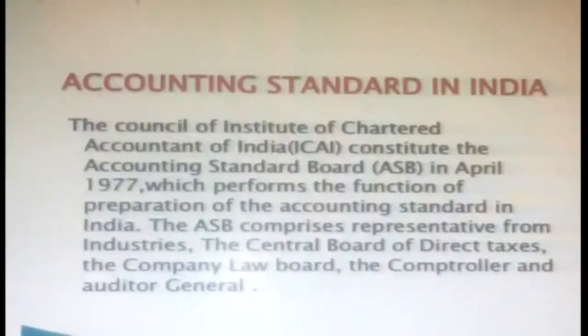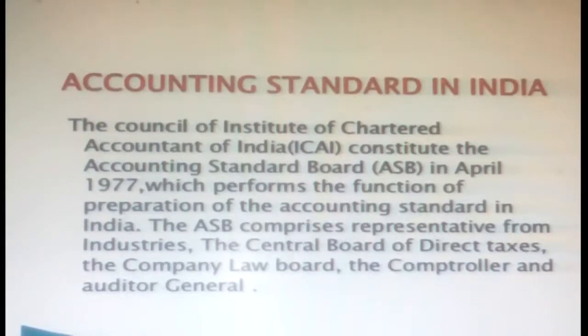So for accounting standards in India, the Council of the Institute of Chartered Accountants of India, that is ICAI, constituted the Accounting Standards Board, ASB, in April 1977, which performs the function of preparing the accounting standards in India.